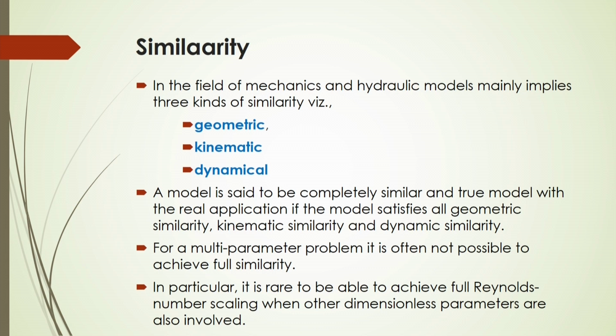For multi-parameter problems, it is sometimes not possible to achieve full similarity. In that case, you have to carefully use a particular portion of the similarity. Sometimes geometric similarity will be the same, but the other similarities will not be the same.